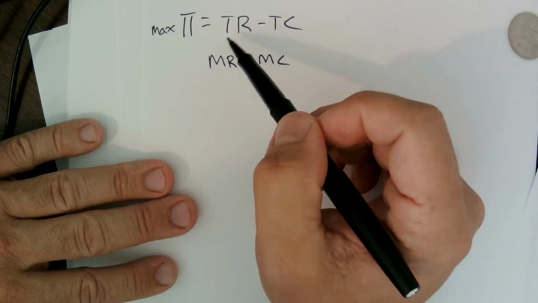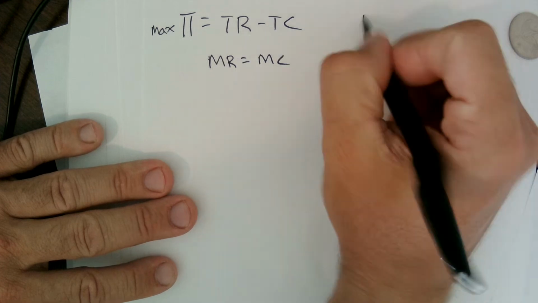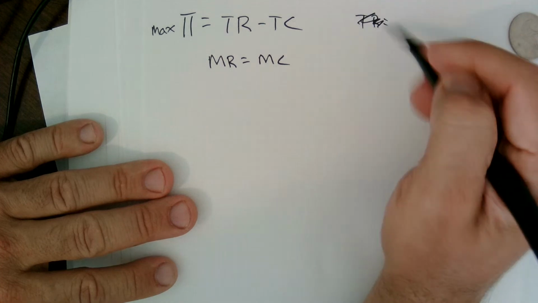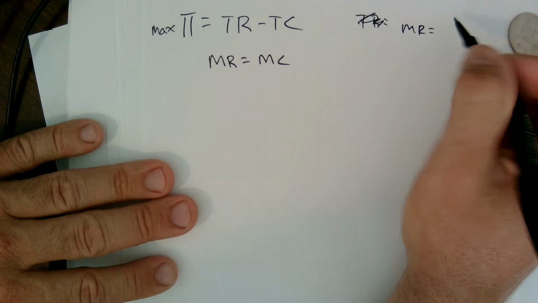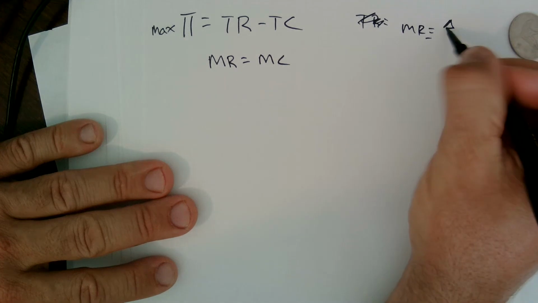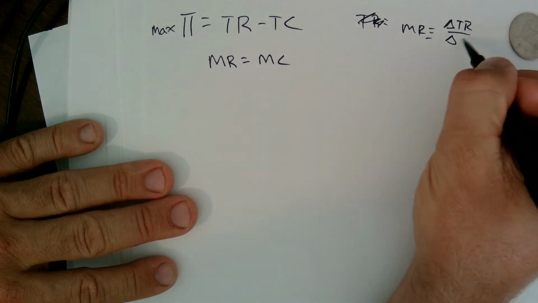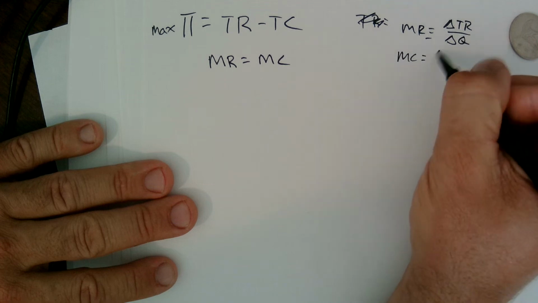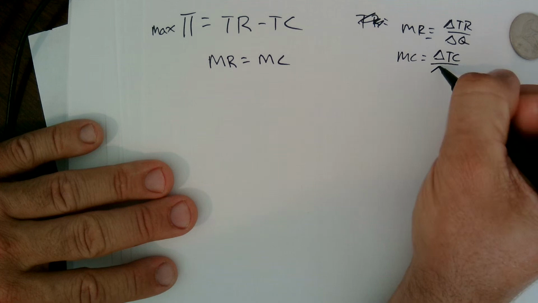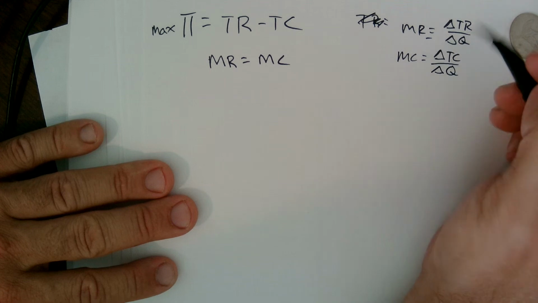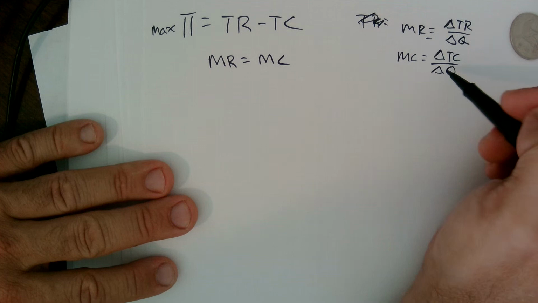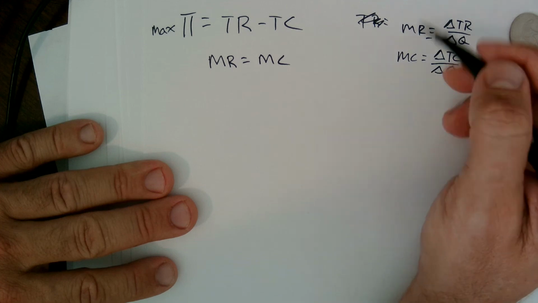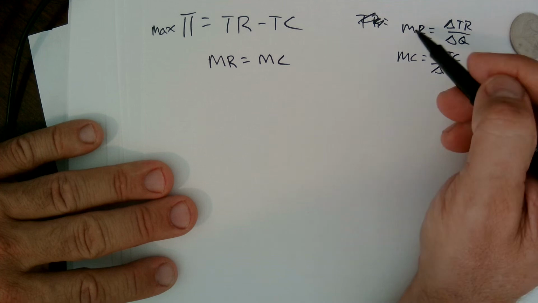Remember, marginal revenue is defined as the change in total revenue for a change in quantity, and marginal cost is defined as the change in total cost when we change the quantity. When you move quantity by a little bit, how much does your cost change? That's marginal cost. Marginal revenue is, you change quantity, how much does your revenue change?